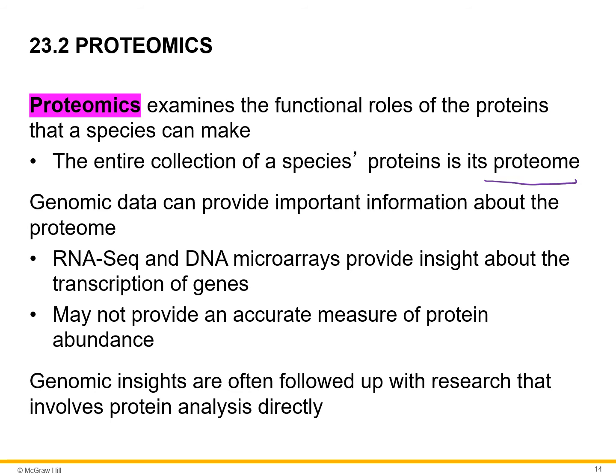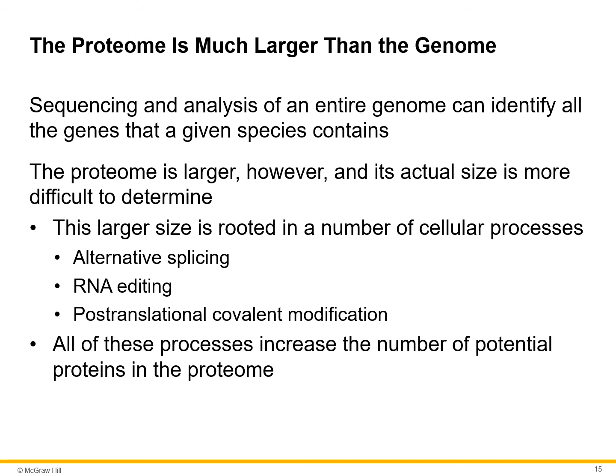And again, we make many more different proteins than we have genes. And the reason we have more proteins than we have genes is because of RNA editing, alternative splicing, where the same gene can be used with different splicing mechanisms to get different proteins out of the same gene.